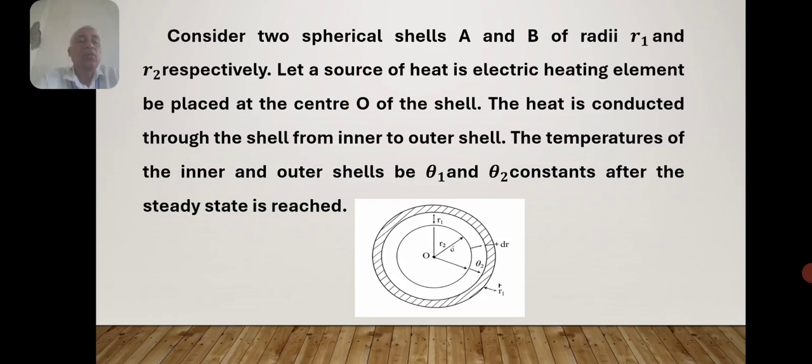Let a source of heat, an electric heating element, be placed at the center O of the shell. The heat is conducted through the shell from inner to outer shell. The temperatures of the inner and outer shell are theta 1 and theta 2, constant after the steady state is reached, as shown in the figure.